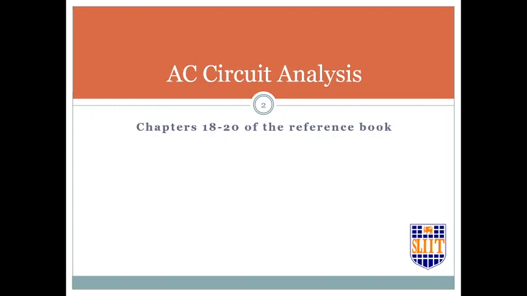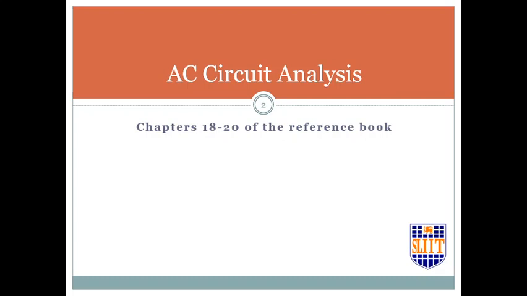You have been using them for DC circuits without much trouble. So now you know what those principles, techniques and theorems do. In today's discussion, we will be talking about how to use them in AC circuits.